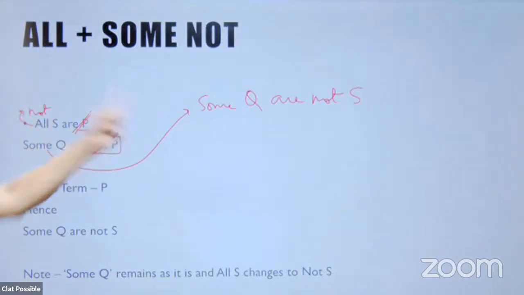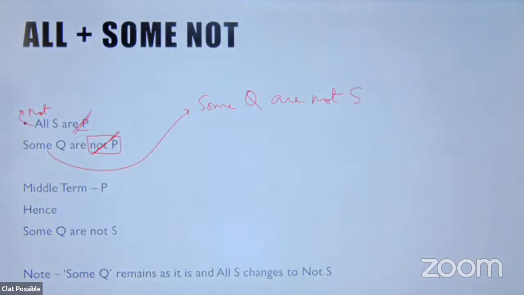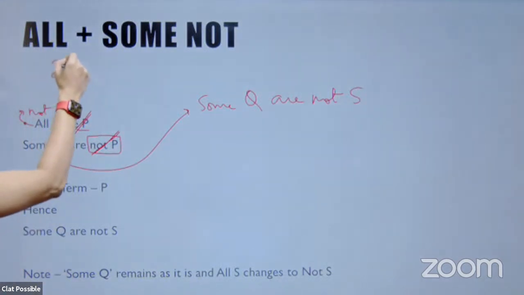Some will remain some and universal affirmative will change to universal negative and my answer will change to some Q are not S. No problem. So this is the second case.